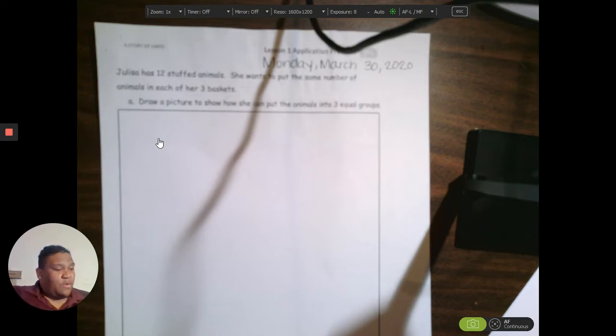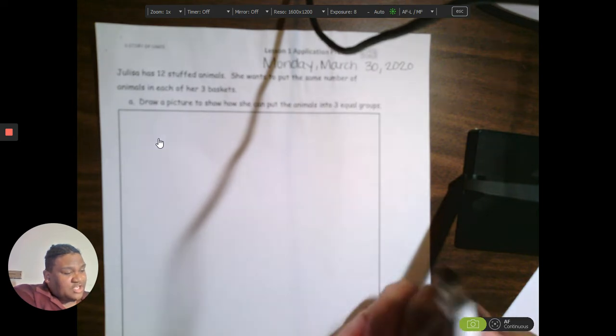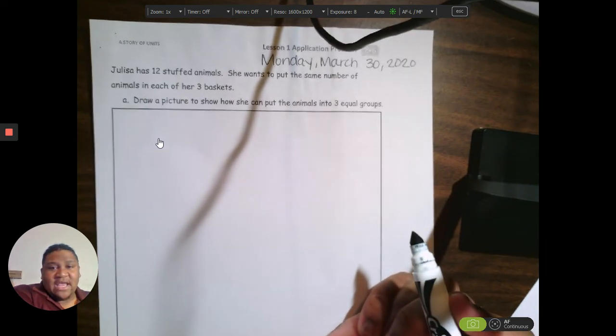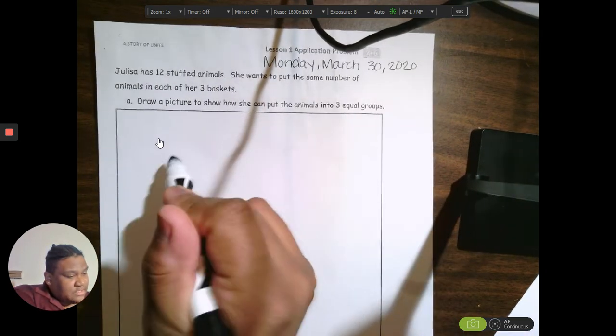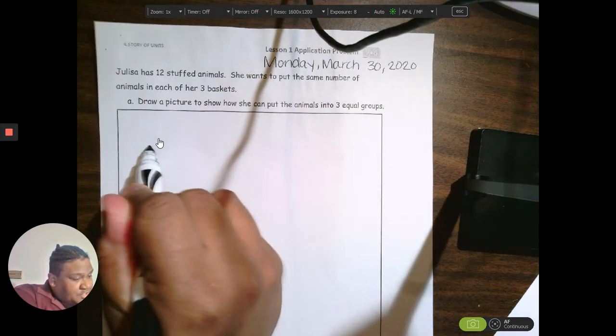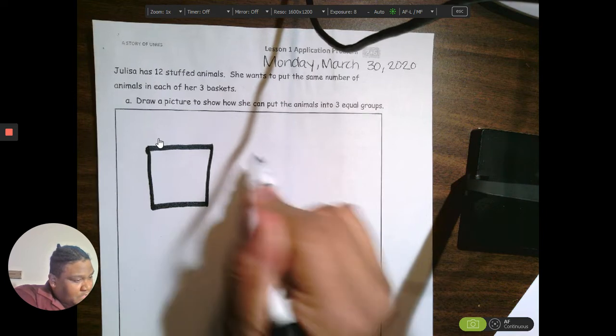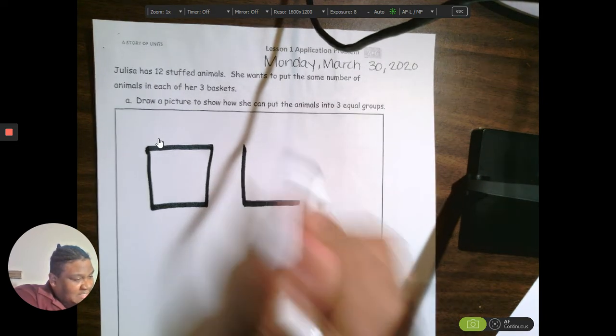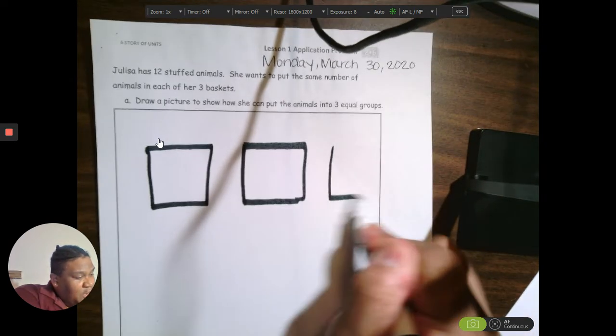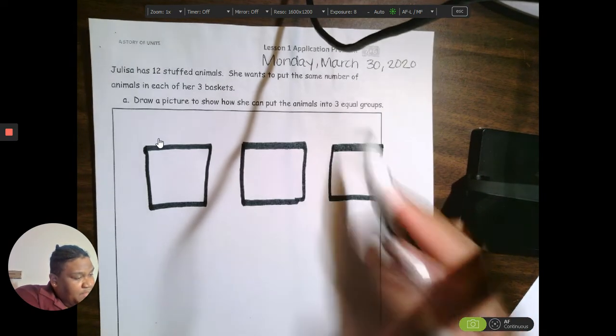All right, so it says draw a picture to show how you can put the animals into 3 equal groups. So I'm going to do 1 basket right here. I'm going to do my second basket right here. And I'm going to do my third basket right here.